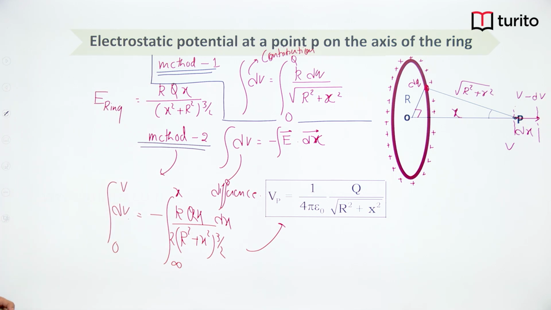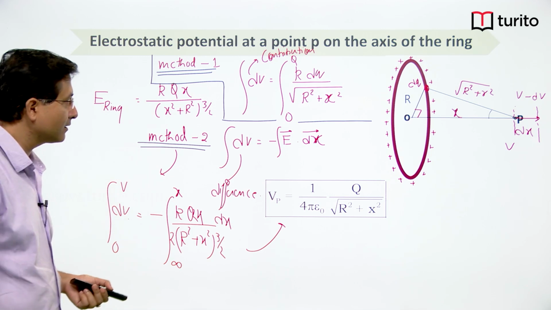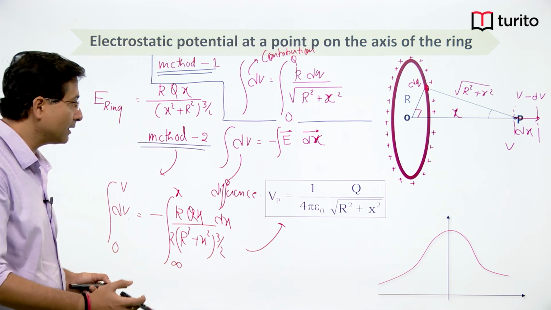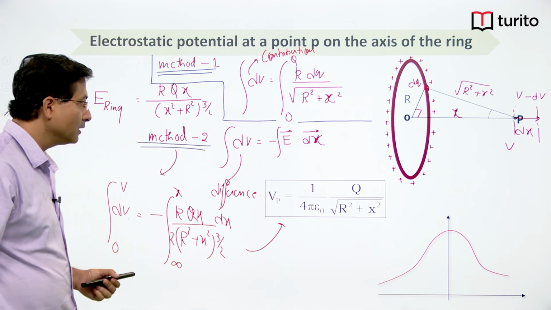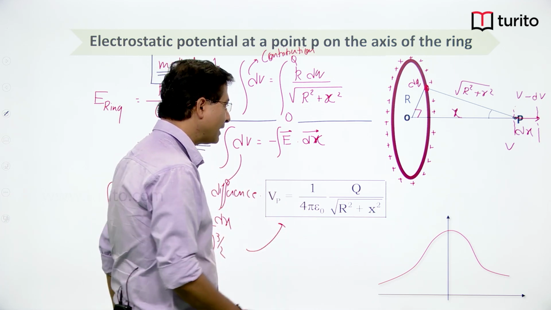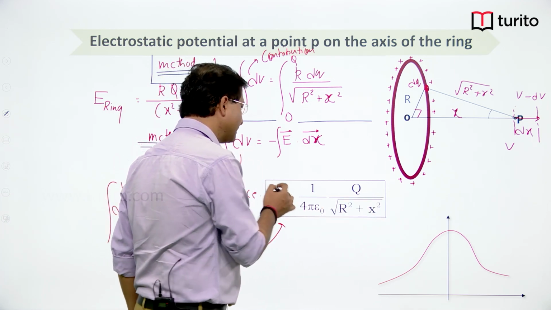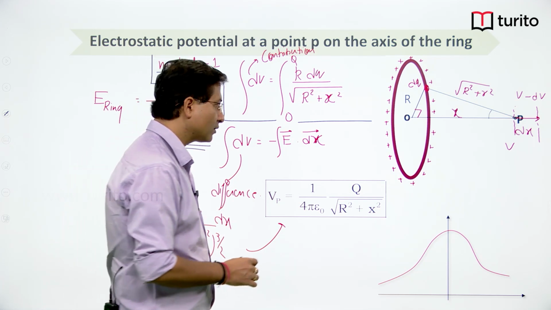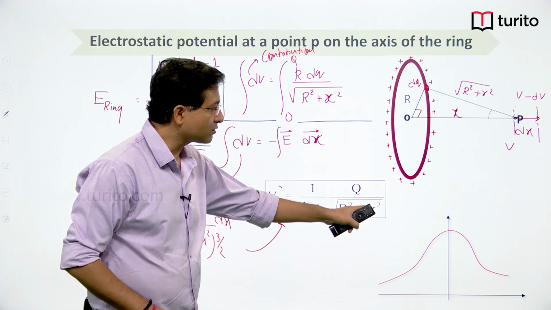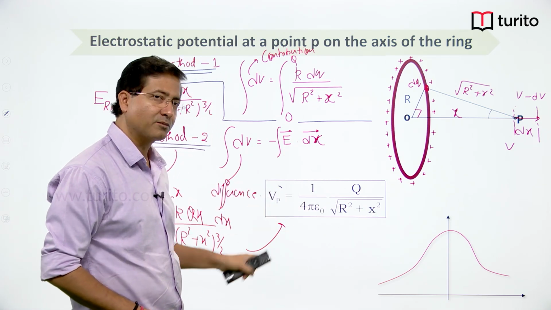Now, let us take another distribution. So, we have taken ring, now we are taking disc. Before that, one point, if I want to plot this variation, you can see as x increases potential decreases. For the least value of x you will get the highest value of potential. So, for x is equal to 0 you are going to get highest potential.